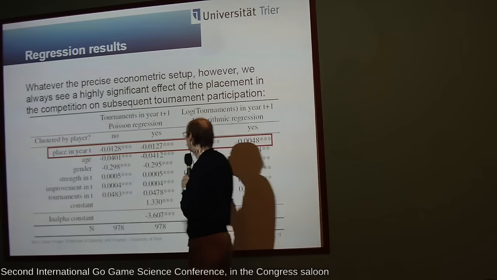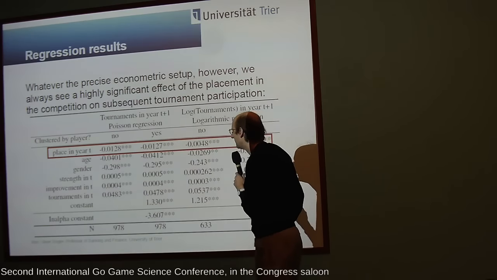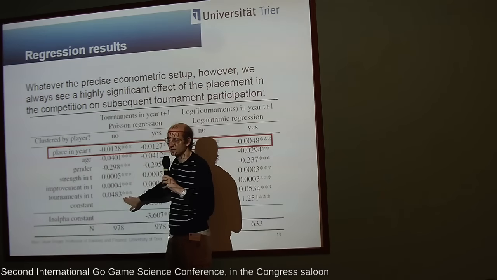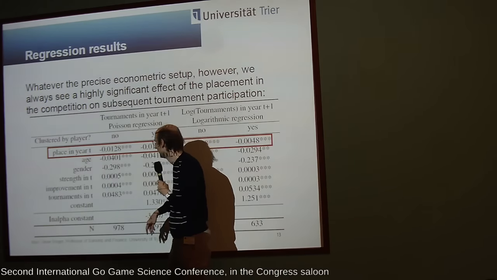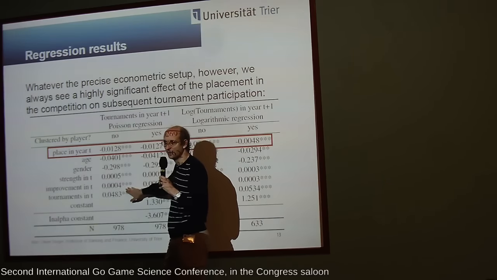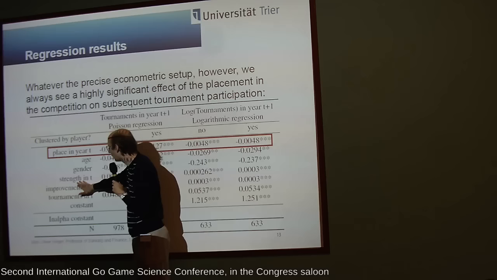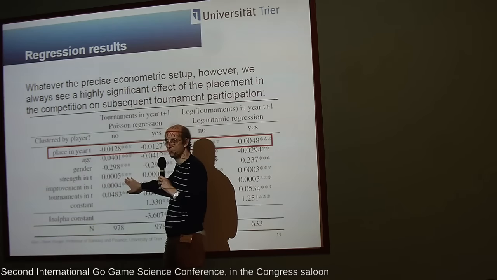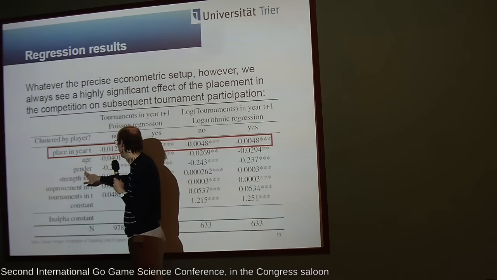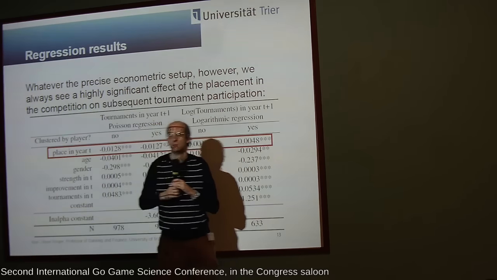The control factors here are mostly also significant, because we have a lot of data, and they also make sense. Obviously, if you played a lot of tournaments in T, you have a high chance to also play a lot of tournaments in the next year. If you improved a lot in a year, then you also have a high chance to play many tournaments in the next year. If you're strong, you also play more tournaments. And actually, if you are male, you play fewer tournaments.